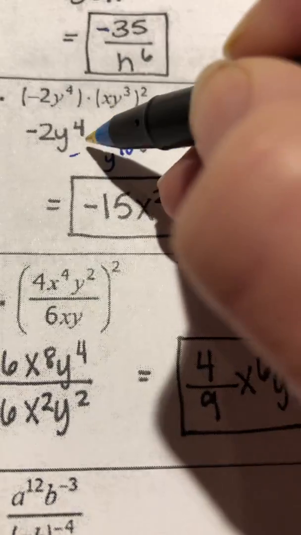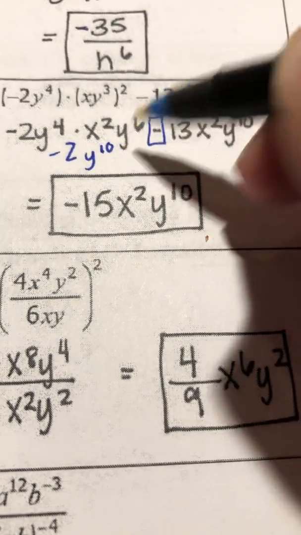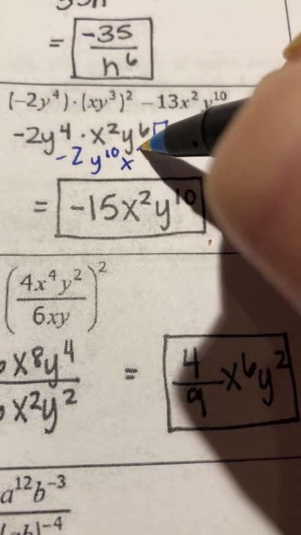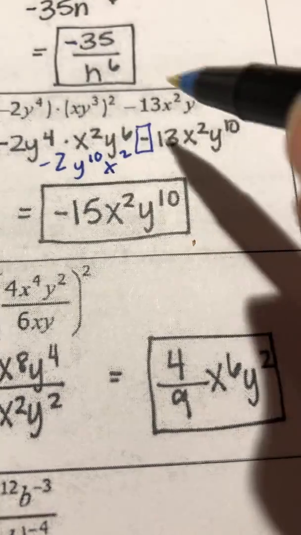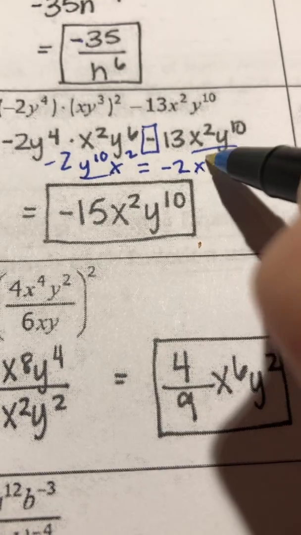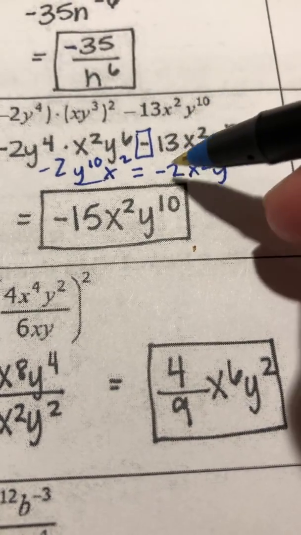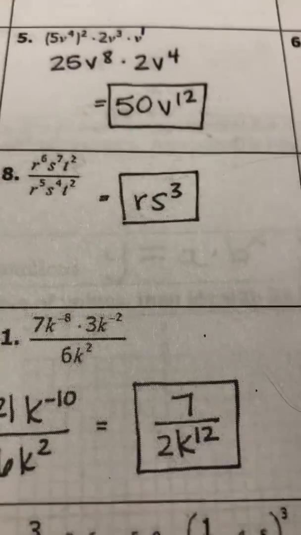So I end up with -2y to the 10th times x squared. And by the way, this means the same thing as this. I was just trying to prove that. So they are, in fact, like terms because this equals -2x squared y to the 10th. Okay. And then -13 plus -2 is -15x squared y to the 10th.